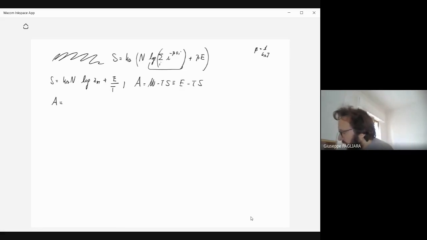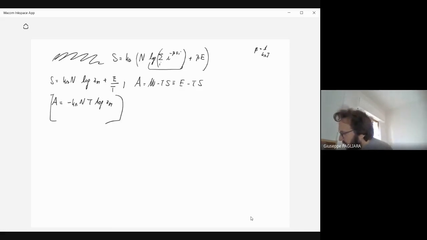And therefore, the Helmholtz free energy is, well, I need to take the entropy multiplied by T, with a minus, and then of course the energy drops, and I'm just left with minus k_B N T log of zeta m. That should be the correct one.